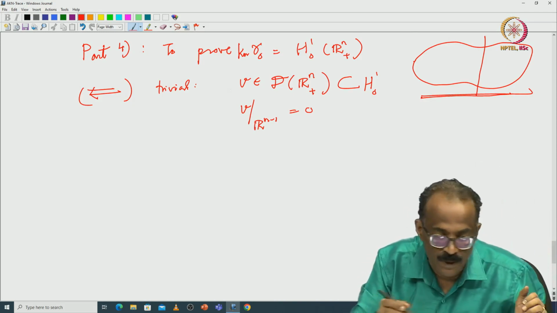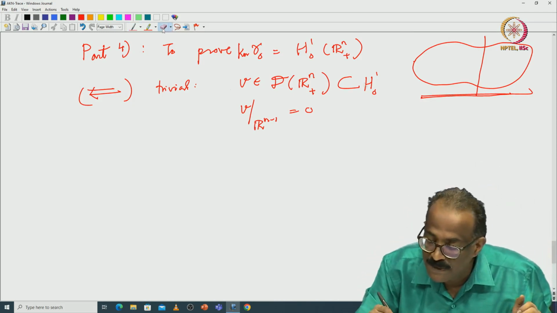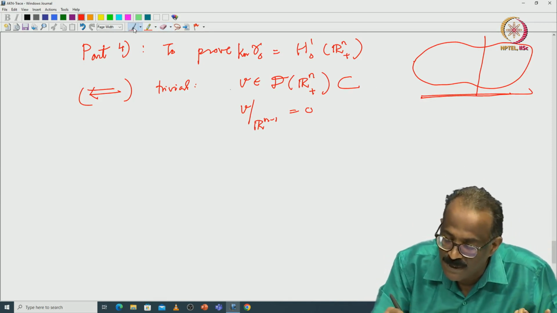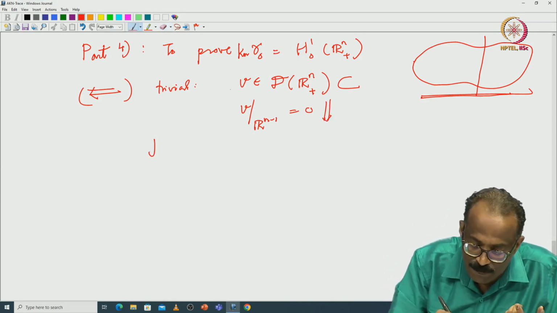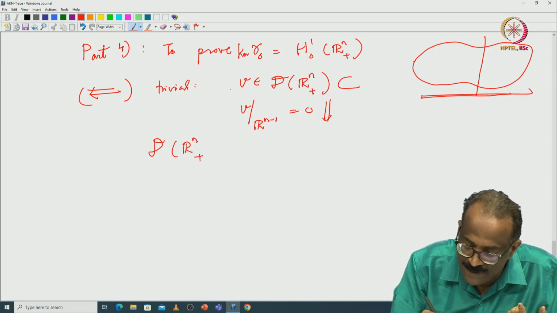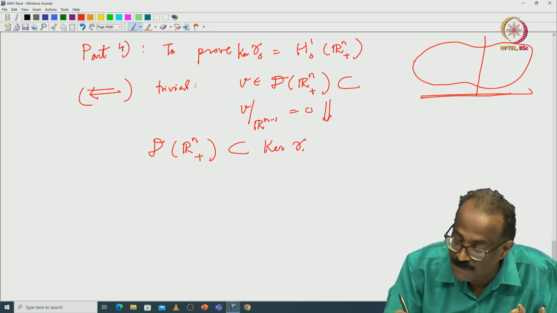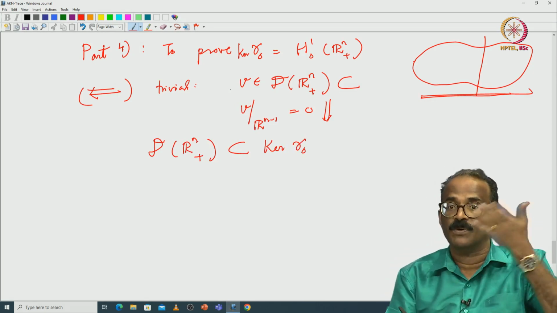That means this is immediately contained in the kernel, because the kernel is 0. So D(R^n_+) is contained in the kernel of gamma naught. That is a trivial thing.